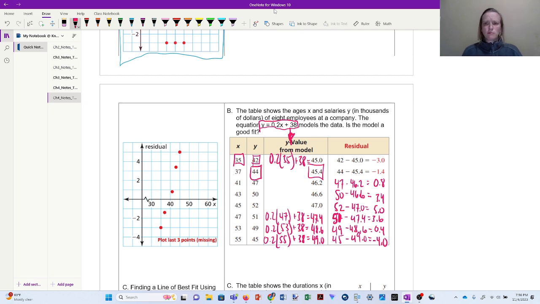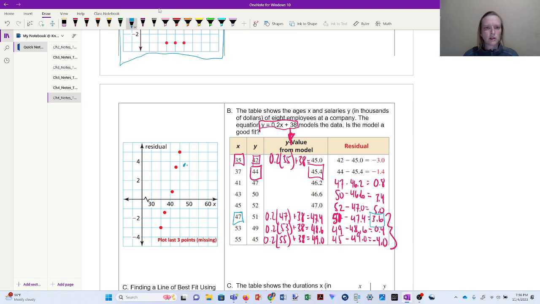I've graphed most of these points, but the last three still need to be graphed. So just as a reminder of what values to use: if I use this value of x with this value for y, the residual is what I'm trying to graph here. Then I would have a point, let's see, 47 is about here, and 3.6 is about here.